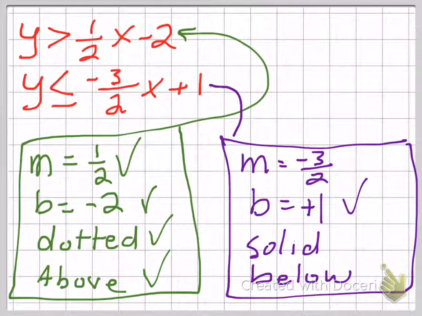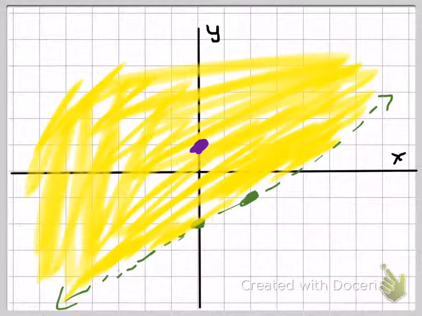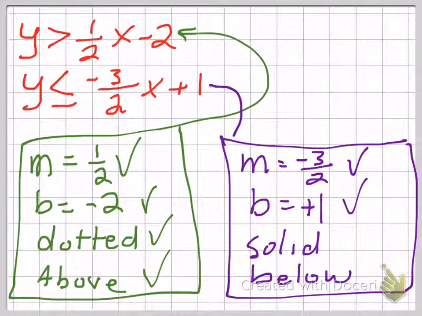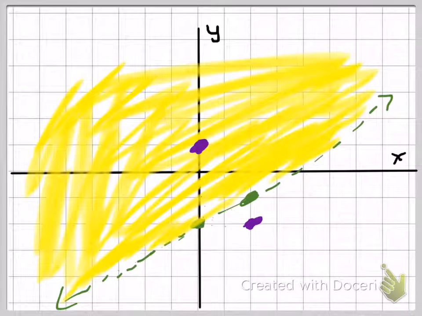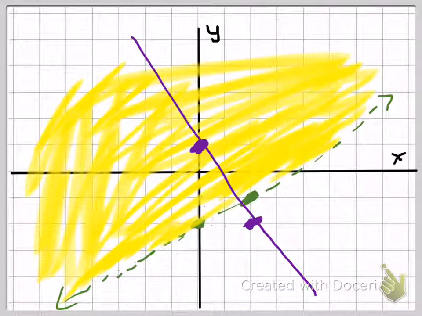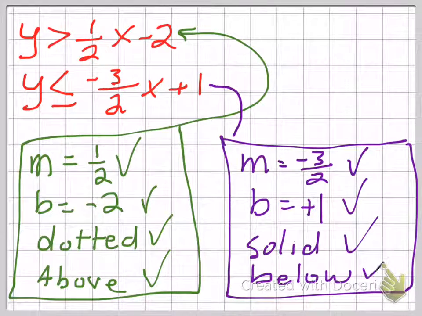Our slope is -3/2, so I'm going to go down 3/2 from my y-intercept. You don't have to go back to the origin. Solid line, that's going to be easy. Let's draw a solid line. And I'm going to shade below.